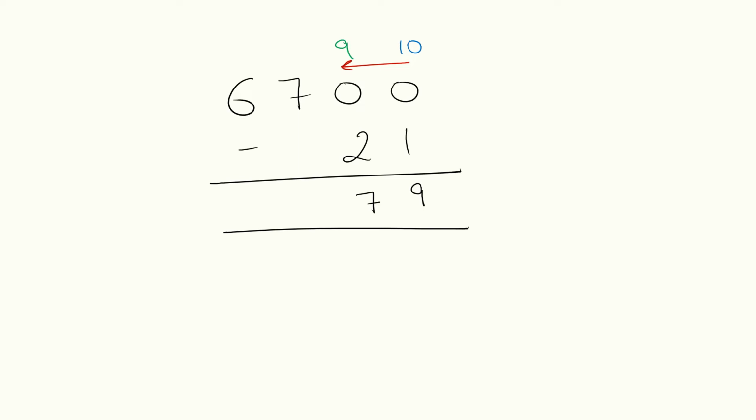For the number that is next to 0, in this case 7, we will always subtract 1 from that number. So we will do 7 minus 1 is 6. For the number next to it, which is 6, we will simply write it down as is. So the final answer is 6,679.